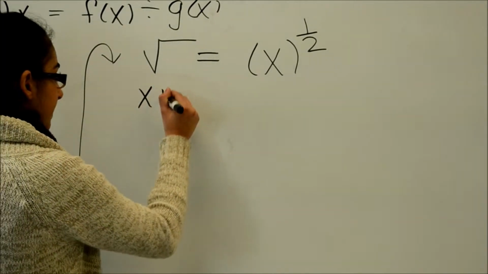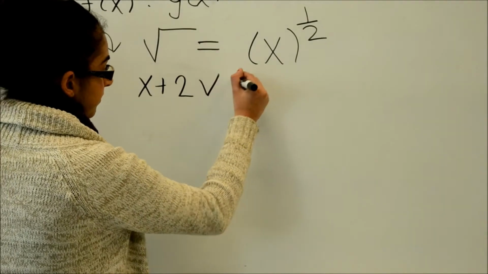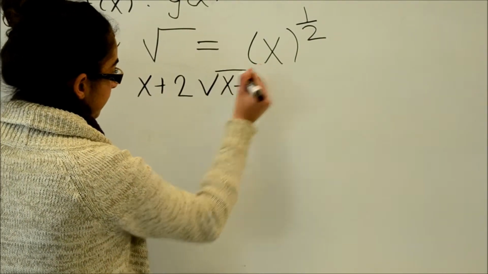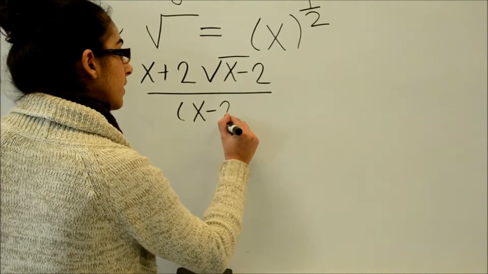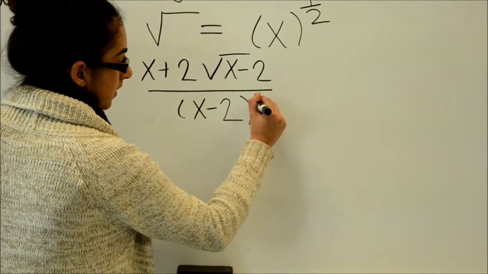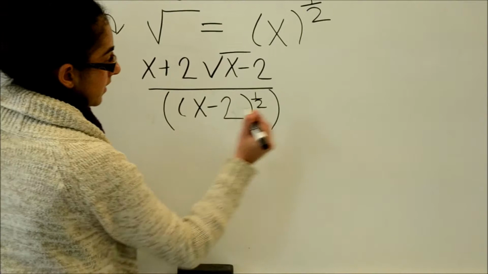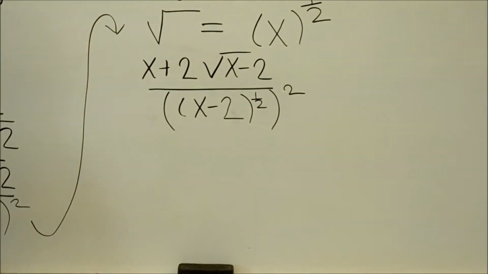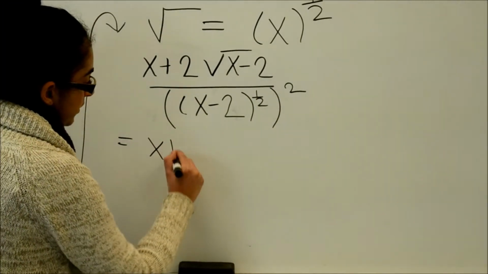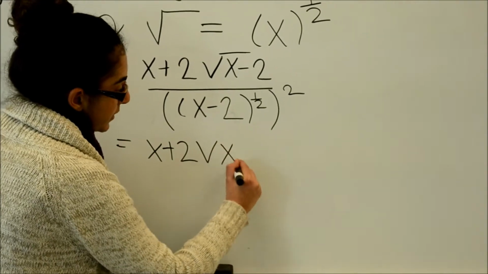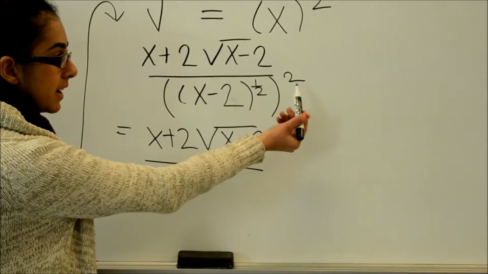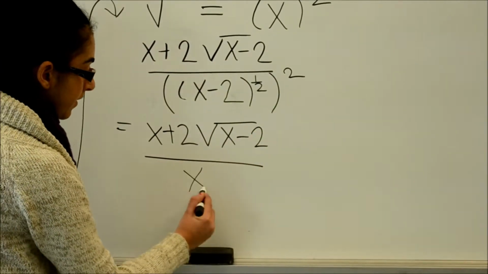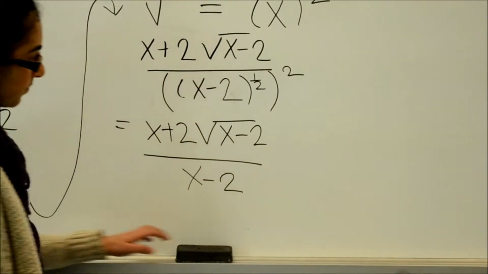So we're going to rewrite the numerator, which is 1, x minus 2.